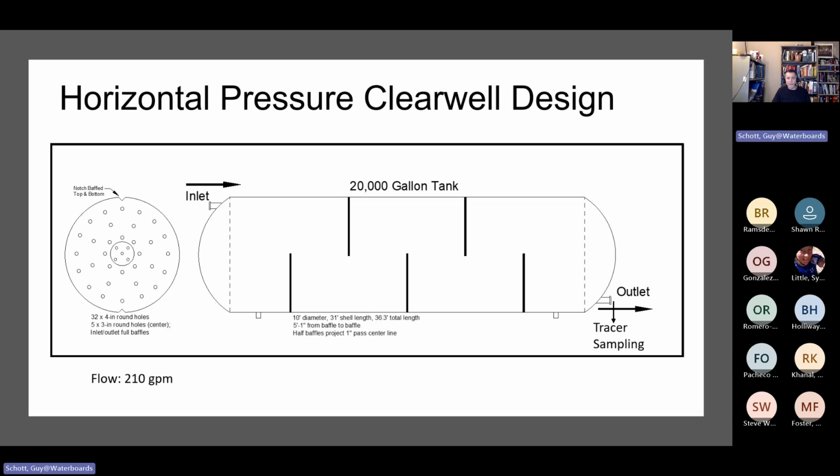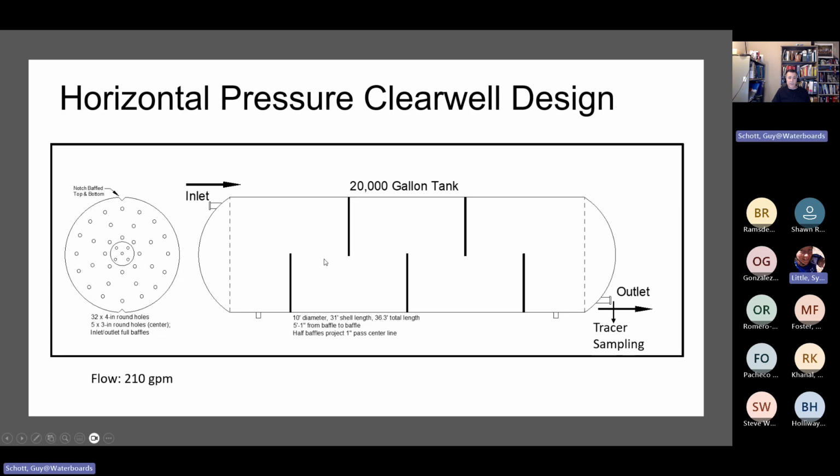Any thoughts that you may have on this? The notched baffle. It looks like it'll move through the center of the line pretty readily.